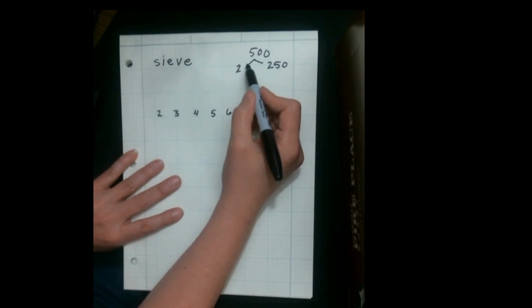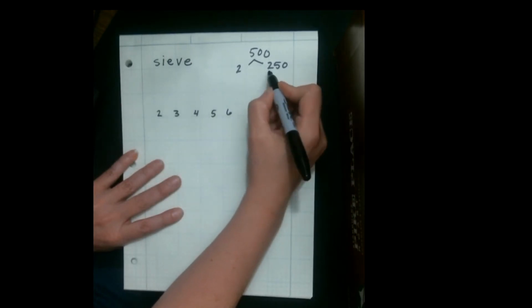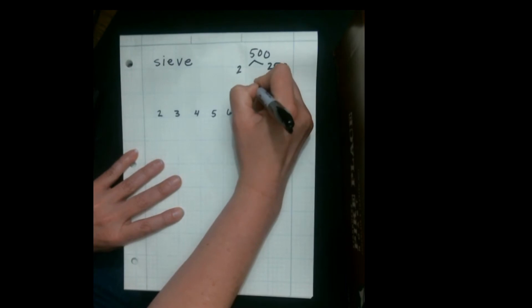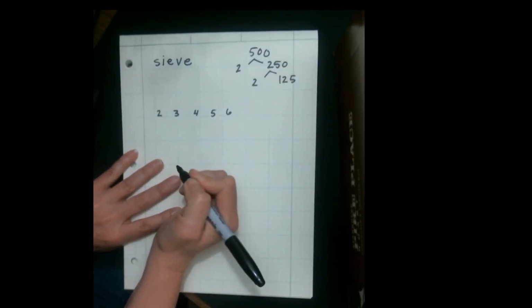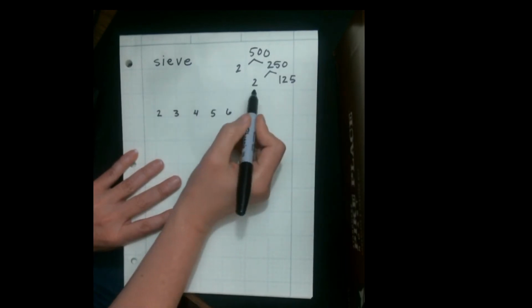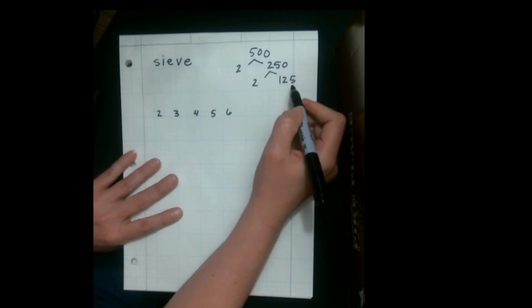So first step is to divide by 2, and then we do that step again. We'll write some loops, and as long as we can, we'll keep on dividing by 2. So we are collecting the primes over here and our shrinking number over here.